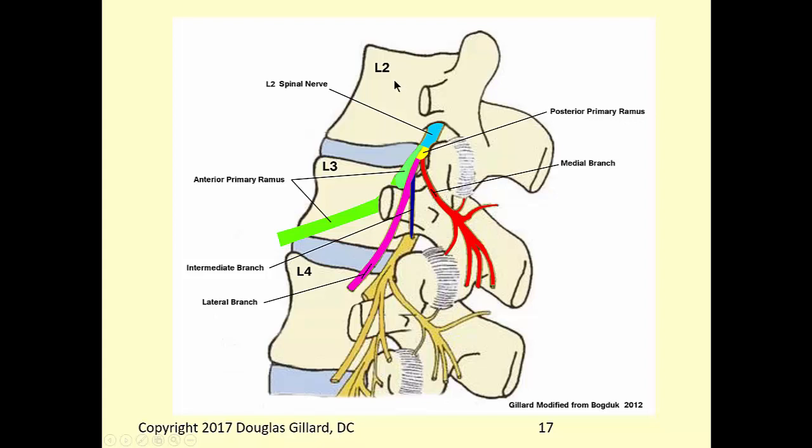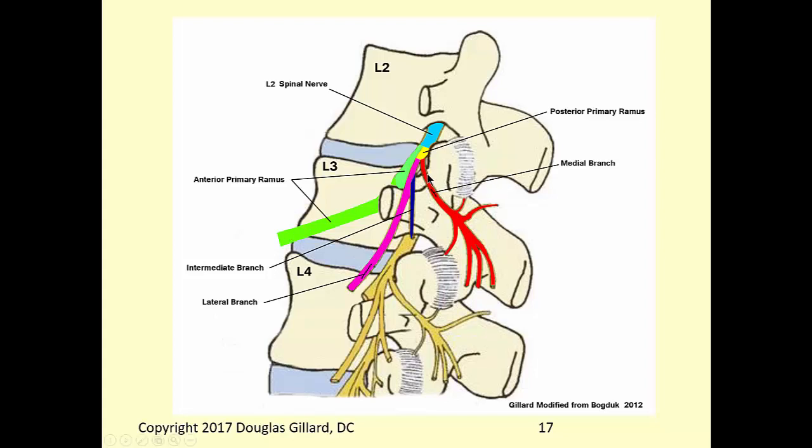So let's go through L2. The L2 spinal nerve is right here. It splits into an anterior ramus, aka anterior primary ramus, and a posterior ramus. Anterior ramus goes to form the major nerves that go down the leg, like this would be going to the femoral nerve. The posterior ramus is a little trickier.